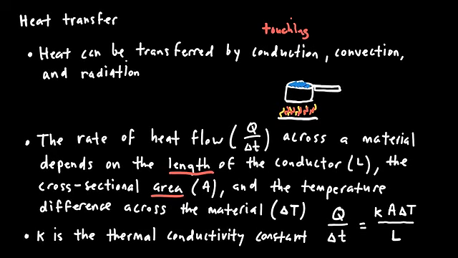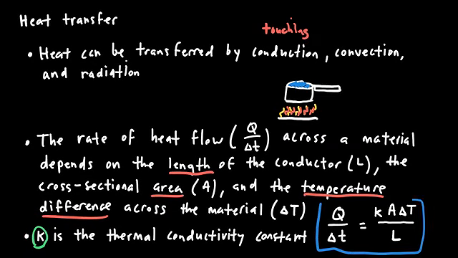And so the temperature difference across that material, along with the length and area of it, if I know those things, then I can begin to think about how quickly the heat is going to be transferred. The only other thing that I'm missing is this letter K here, which is a representation of the thermal conductivity of the material. And the way that we summarize all of this in equation form is with this equation here. So each of those variables plays a role in the rate of the transfer of heat across a material.